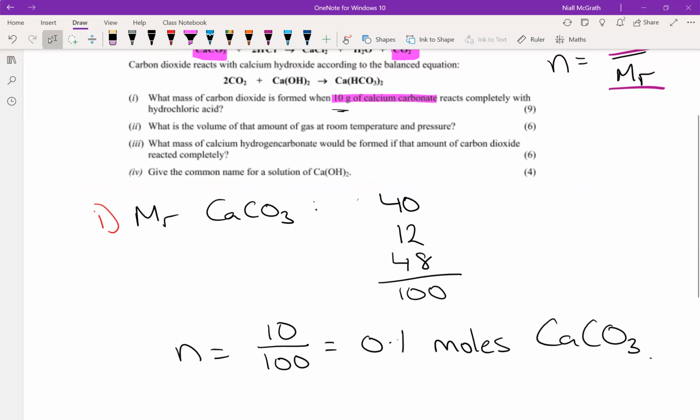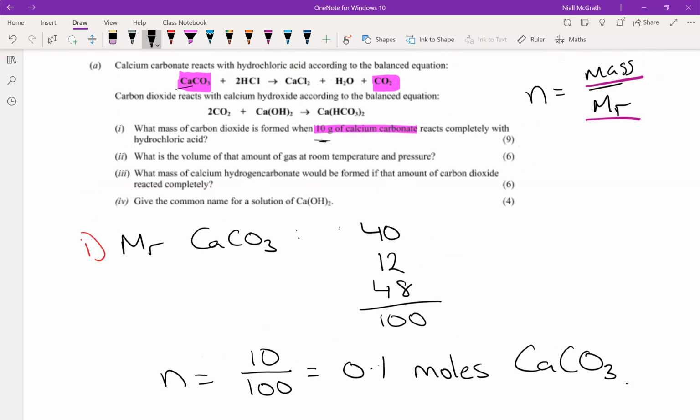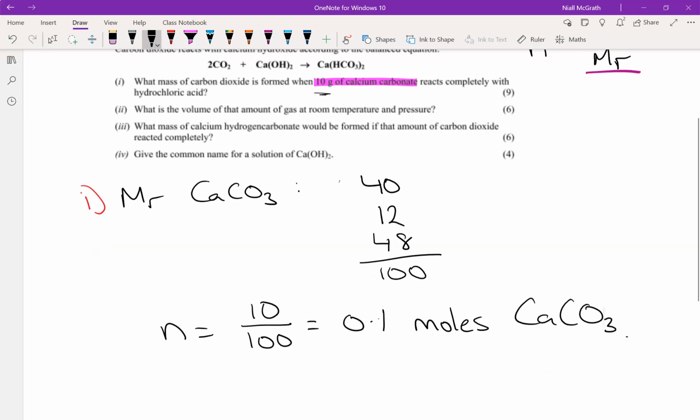Now, if we look at our balanced chemical equation, and we just concentrate on the calcium carbonate and the carbon dioxide, we see that 1 mole of calcium carbonate will produce 1 mole of carbon dioxide, right? They're in a 1:1 ratio. There's no number before the calcium carbonate or before the carbon dioxide. So the number of moles of calcium carbonate that you have is the exact same as the number of moles of carbon dioxide.